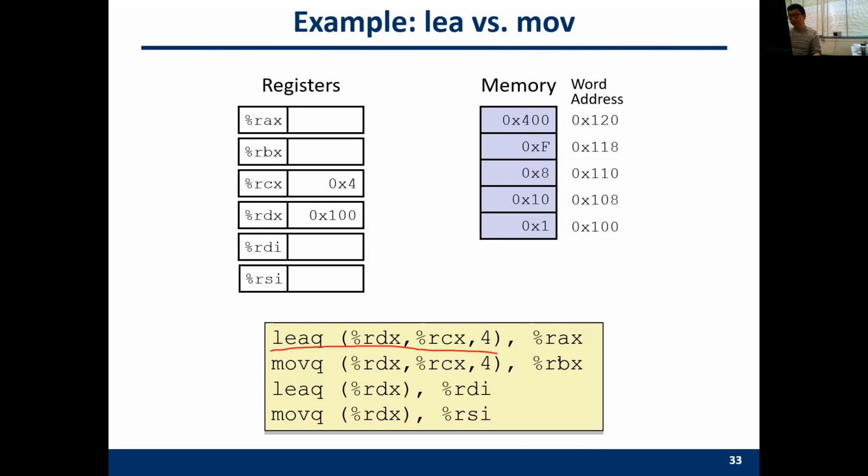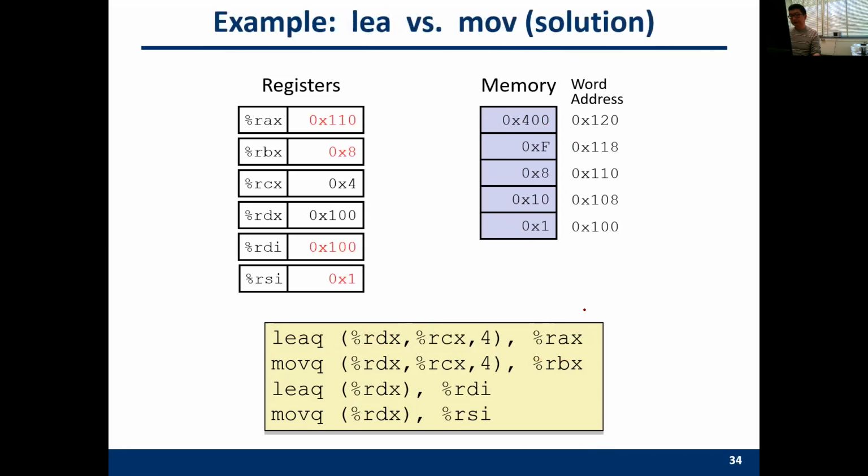So the first instruction is a lea instruction, which can compute the value of this and store this one to the register here. Because RDX is a 4 here, RCX is a 100 here, and we have another 4 here. By computing this, we will know that the RAX will be 110.